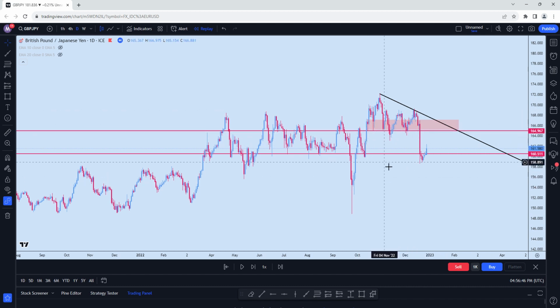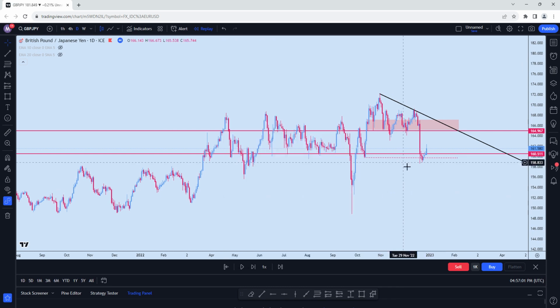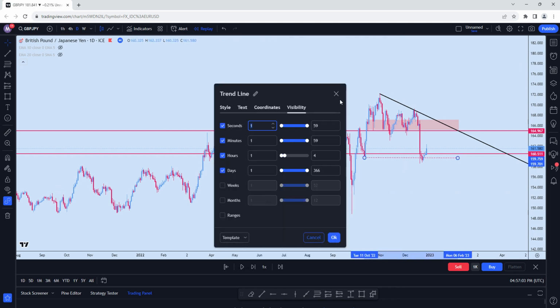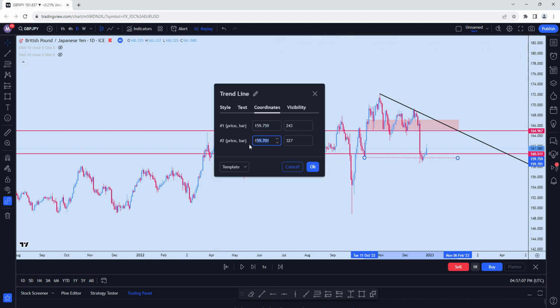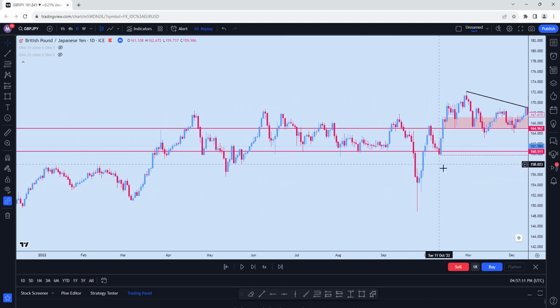And after that, no wedges, no channel, no wedges at all. That's fine. Do we have an SFP break below? Yes, we do. So this SFP has happened here. What an SFP is, I'll show you now. Settings, coordinates, Control and C. Okay, so let's say this low here, right?